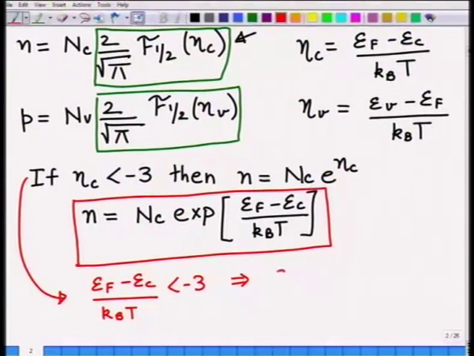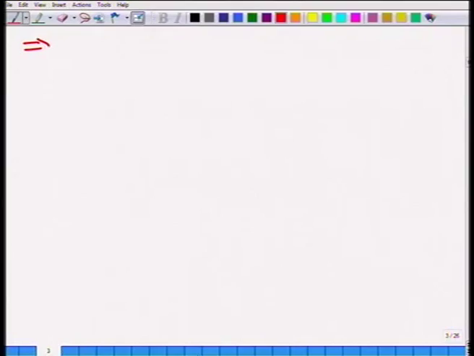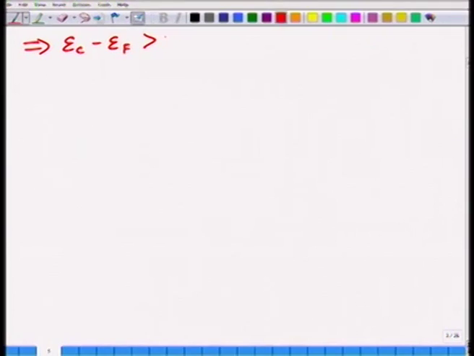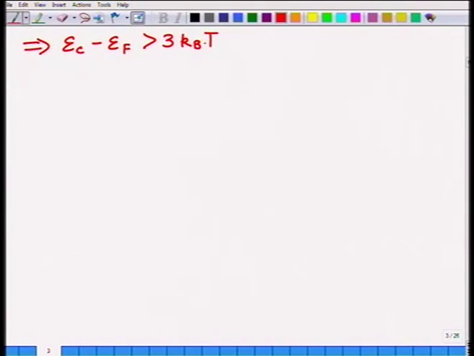This means E_F minus E_c should be less than minus 3 k_B T, which means I can write E_c minus E_F as being greater than 3 k_B T, and that means the Fermi energy should be less than E_c minus 3 k_B T. So, that is what our requirement is. If so, then we are okay.